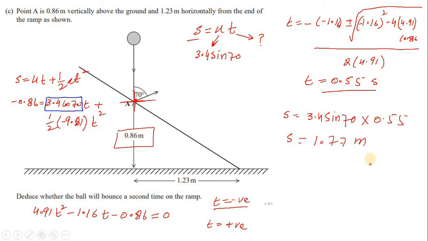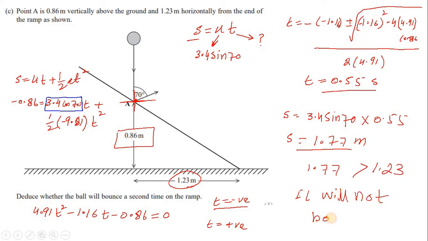Clearly, the horizontal distance found is greater than 1.23, since 1.77 is greater than 1.23. That means no, it will not bounce. It lands on the ground.